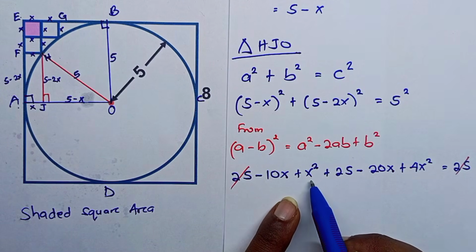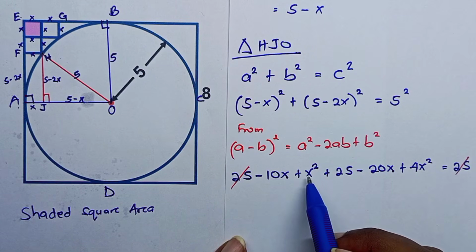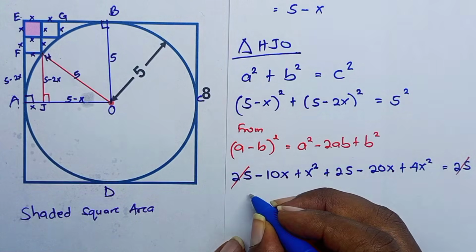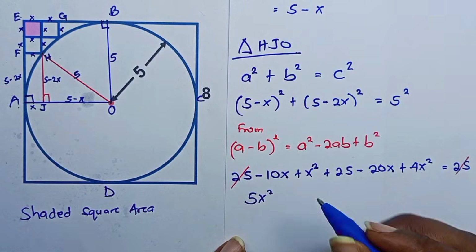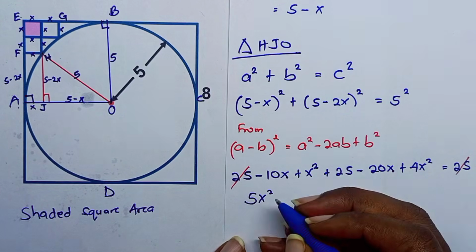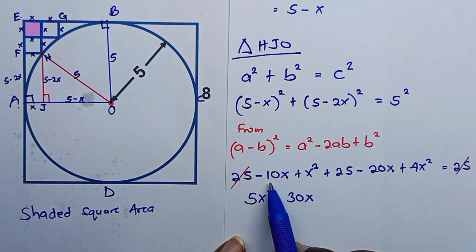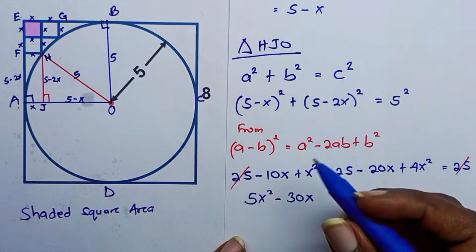So we are left with x squared plus 4x squared, we collect like terms. So x squared plus 4x squared is 5x squared. Then minus 10x minus 20x gives us minus 30x. Then plus 25.